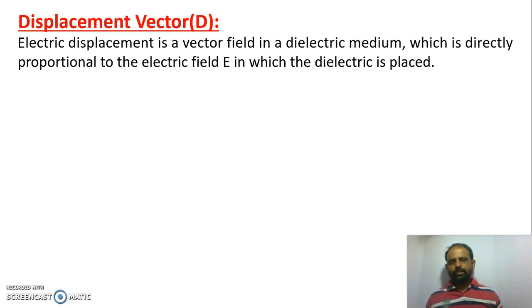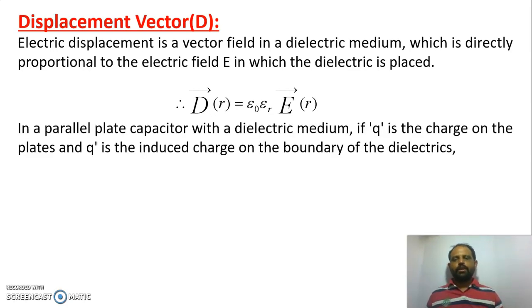You can think of this dielectric material being used in parallel plate capacitors, in the space between the two parallel plates. The displacement vector is denoted by capital D, and D is directly proportional to E, so D is equal to epsilon naught epsilon R into E.